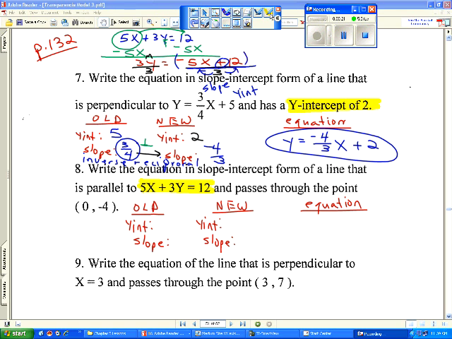So we're going to distribute that divided by 3, and we get y is equal to negative 5 divided by 3, which we leave as an improper fraction, negative 5/3 x. And then the 12 divided by 3 is 4. So we have gone from standard form to slope-intercept form. The old y-intercept is 4. The old slope is negative 5/3.